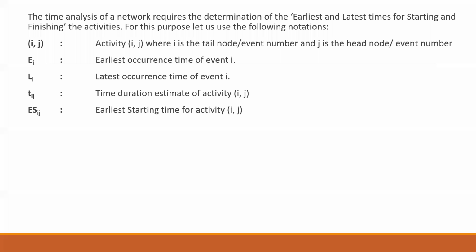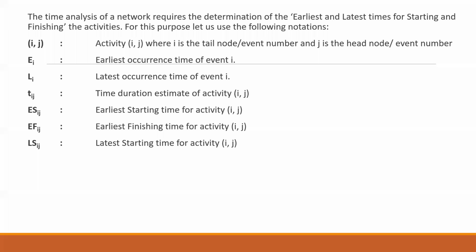Now ES_IJ is your earliest starting time for activity I, J. Similarly, we have EF_IJ, the earliest finishing time for activity I, J. LS and LF will be your latest starting time and latest finishing time for activity IJ.